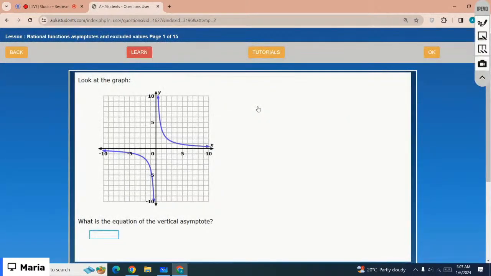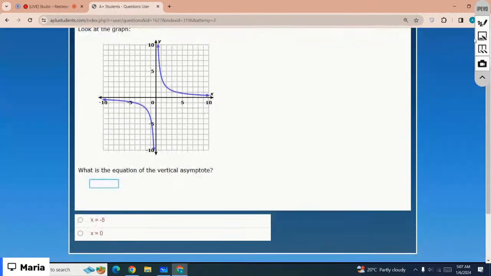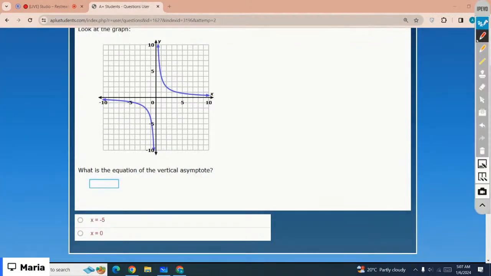Okay, look at this graph. What is the equation of the vertical asymptote? The vertical asymptote is the line where the graph is changing from positive to negative and approaches infinity. The vertical asymptote is like this, and it is on the y-axis, where all the x values are 0 on this line.